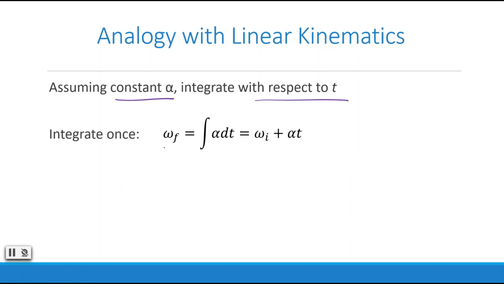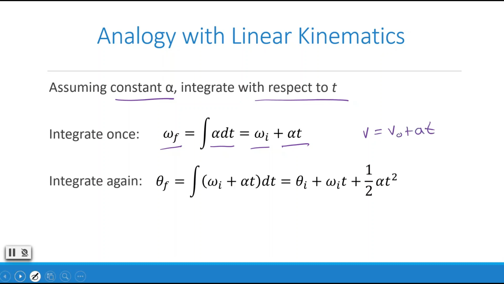So if you take your angular velocity as the integral of alpha dt, you get omega equals omega I plus alpha t. So this is equivalent to our v equals v0 plus a times t. You can do the same by taking that equation and integrating with respect to time.